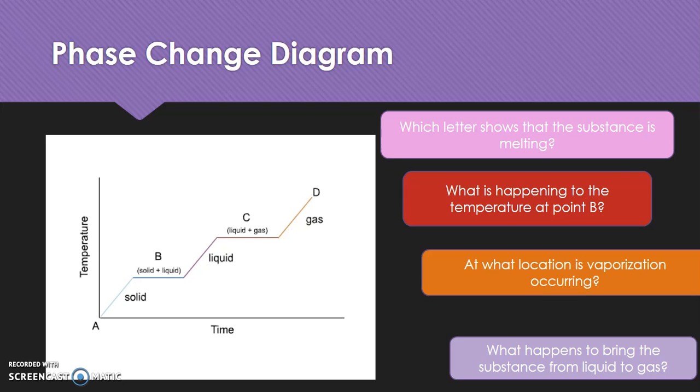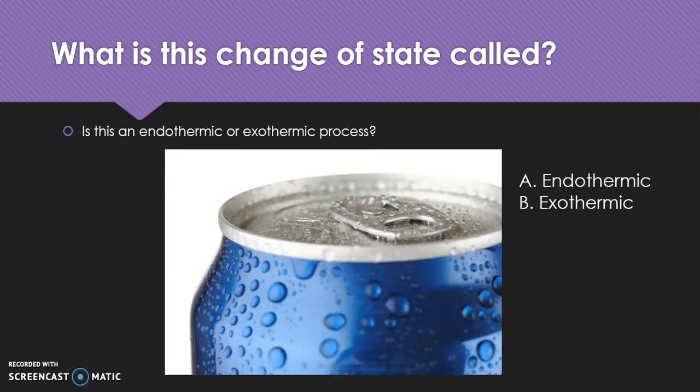At what location is vaporization occurring? What happens to bring the substance from liquid to gas? What is this change of state called? So based on this picture, what is this change of state called? That's the first question.